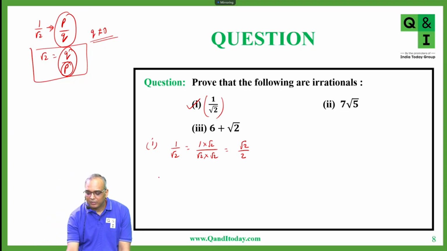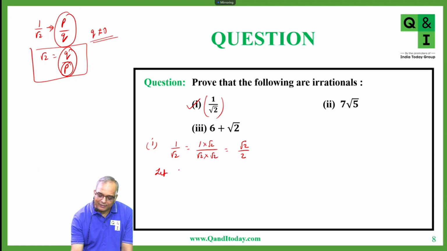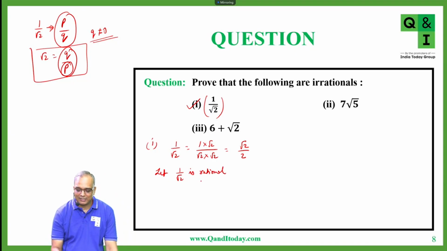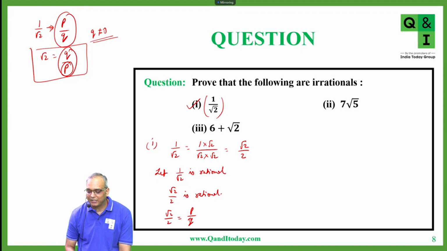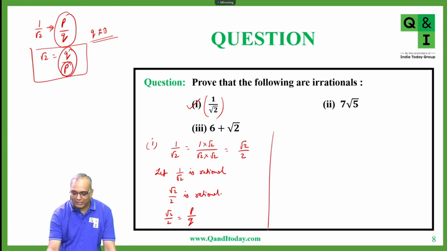So now let us assume that 1 by root 2 is rational. That means root 2 by 2 is rational. Now since root 2 by 2 is rational, you can write root 2 by 2 as P by Q. Now take 2 on the other side. You will have root 2 is equal to 2P by Q.